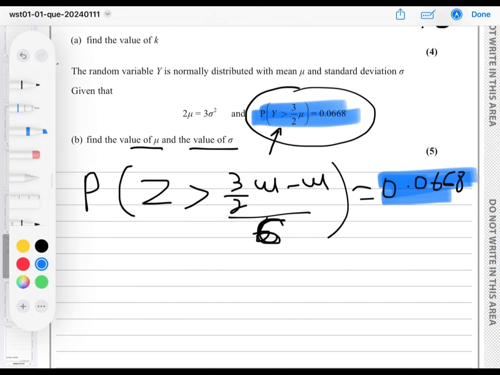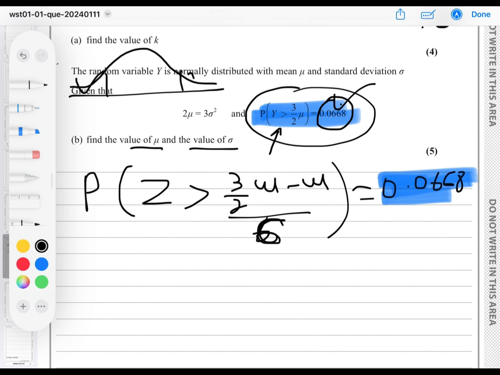And now you can see that this is representing this amount. If I make a bell-shaped curve, this is a very small amount. So either it will be on this side or on this side, but they are saying here that it's greater than 3 upon 2 mu.